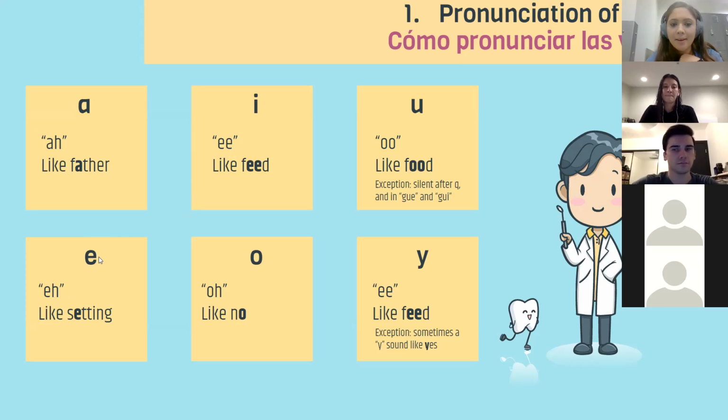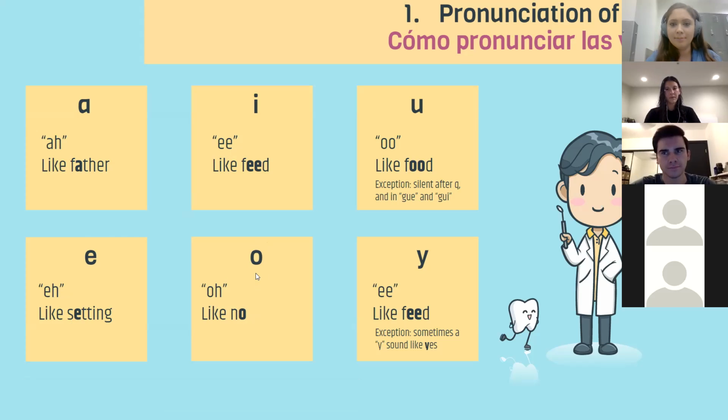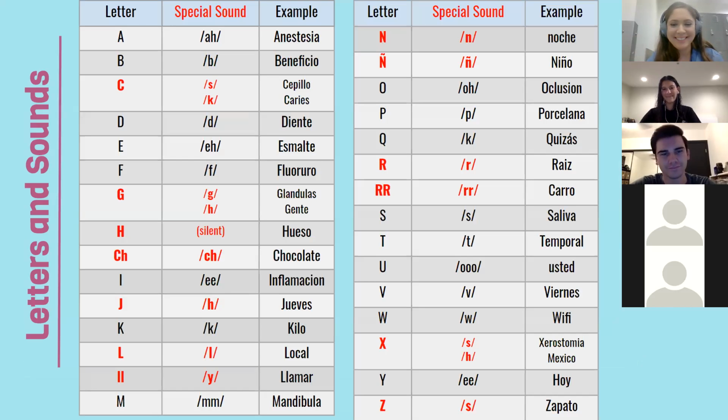So E. Perfect. And then for the O, it's just going to be like the OH, like when you say no. So it's going to be O. Perfect. We are heading a good way. Perfecto. We have somebody a little bit advanced. That's great.